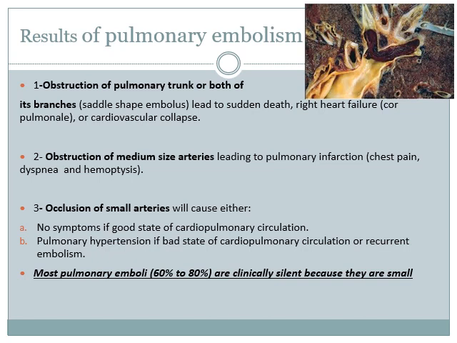من راحت لي small arteries راح أحصل either one، يا إما no symptoms إذا عندي good pulmonary circulation، ما عنده أي أعراض وتعبر silent وكأن شيئا لم يكن، أو ممكن أن تكون تنتج لي pulmonary hypertension إذا كان عندي bad state of cardiopulmonary circulation، أو الإمبوليزم هو بحد ذاته دا يتكرر عدة مرات، هذا راح يسوي لنا pulmonary hypertension. الحلو بالموضوع كله أنه معظم البلمونري إمبولاي اللي هو حوالي 60 إلى 80% are clinically silent because they are small.